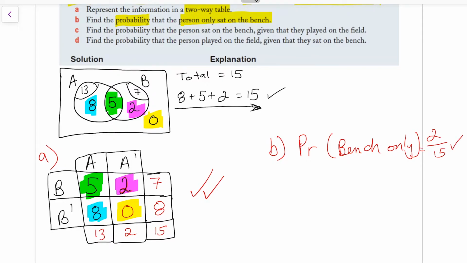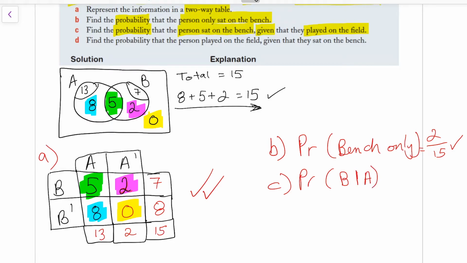Good. All right. Then for C, find the probability that the person sat on the bench, oop, there's my word given, that they played on the field. All right, so here's the notation. What's the probability the person sat on the bench? The person sat on the bench was represented by the B. Given, there's my line, straight up and down.